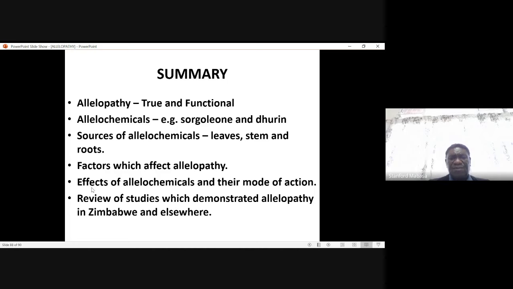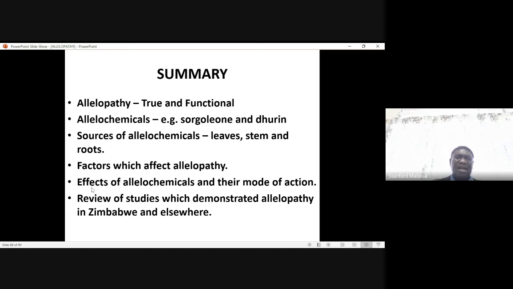Then effects of allelochemicals and their mode of action. This is what we see when a plant has been affected by allelochemicals. It could be low germination or discoloration. And what causes that could be that maybe the chlorophyll has been modified and so on.